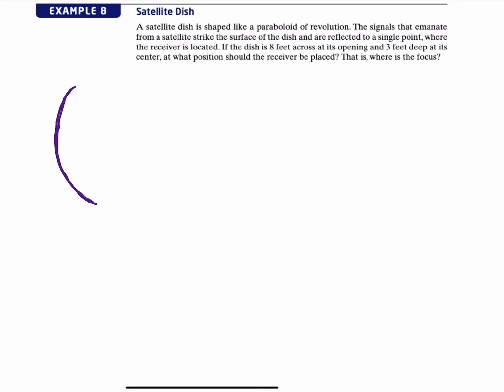The signals that emanate from a satellite strike the surface of the dish and are reflected to a single point where the receiver is located. As they mentioned before, if it's a parabola shape, anything coming in will be reflected towards some single point, which is the focus point.